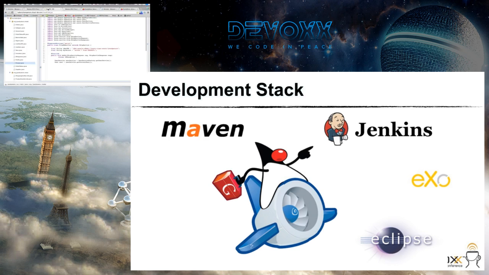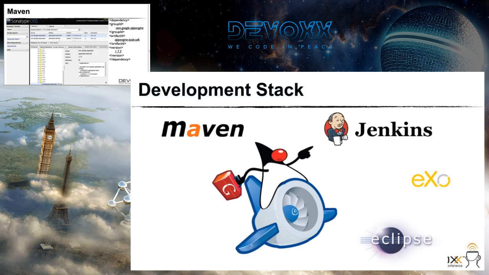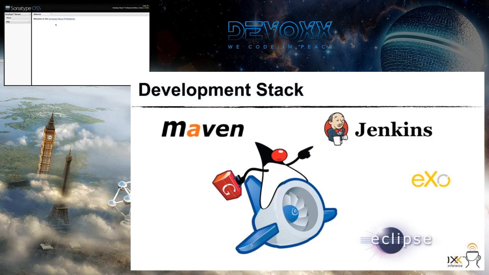So let's see. That's that. Yeah, so Maven, I just wanted to show this, and again, we could go to Sonatype. If I go to the Sonatype tab for a repository, and I search for com.google.appengine, this is where all the Maven artifacts are registered.